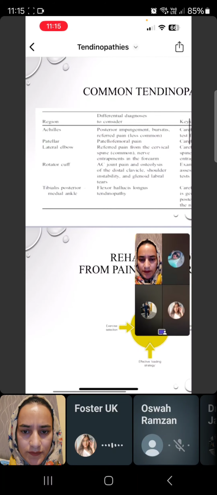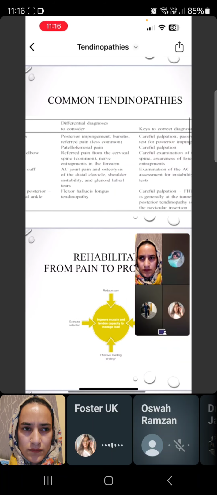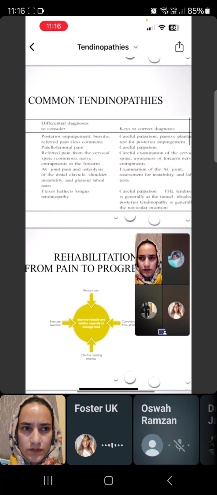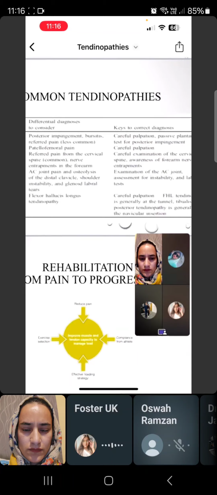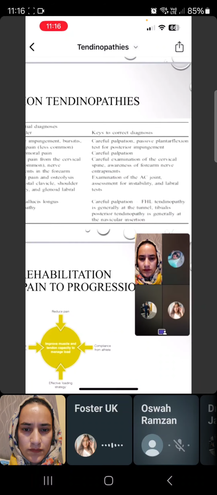When you have flexor hallucis longus, you will tend to be more tender on the ankle tunnel. However, if it's a tib post, the palpation would be more sensitive on the navicular bone where there's the insertion of your tib post. So these are the keys to correct diagnosis.